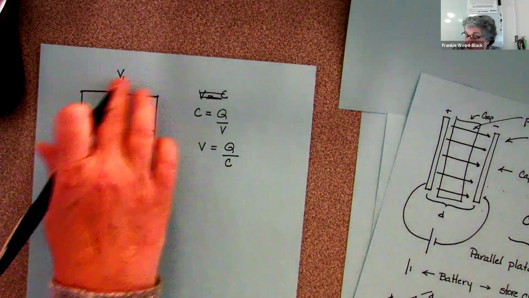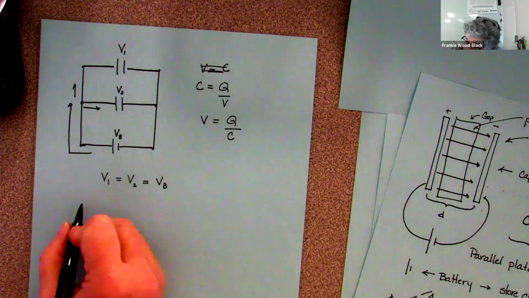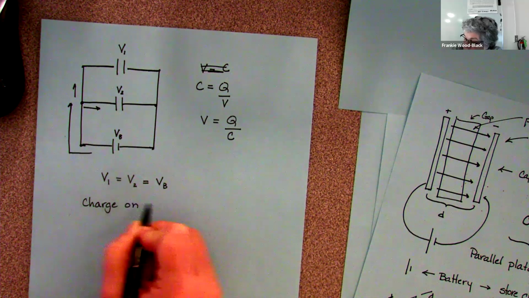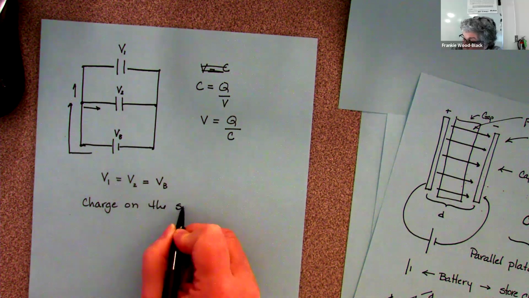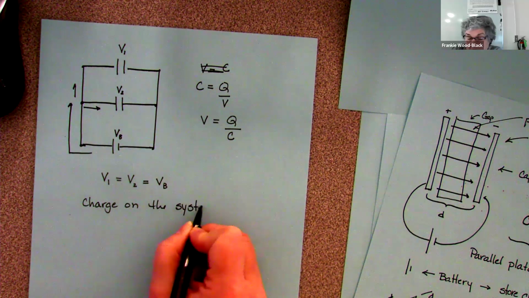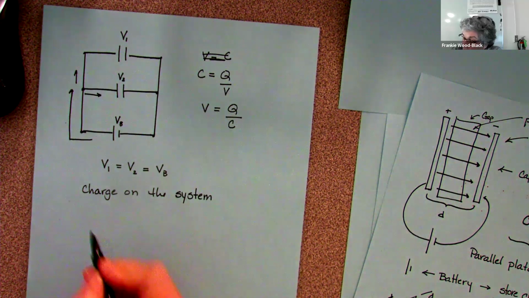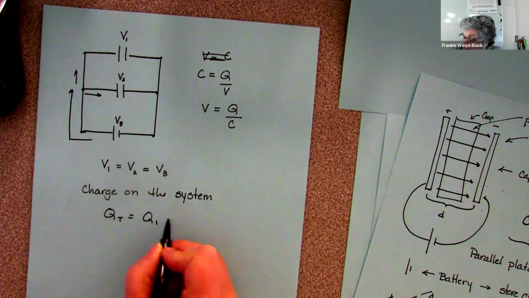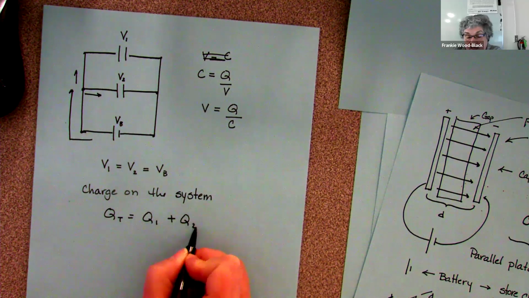So if I'm looking at the charge on my system, the total charge is going to equal the charge on my first capacitor plus the charge on my second capacitor.